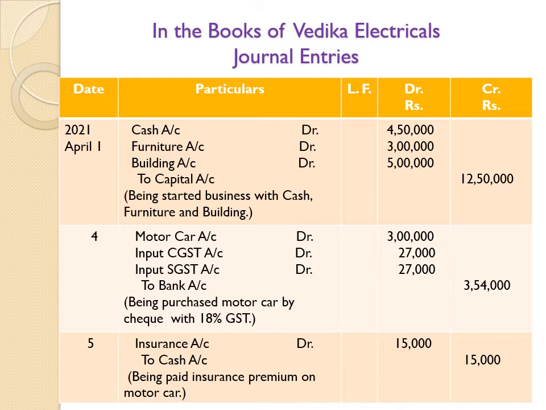On it, 18% GST. 18% GST means 54,000 GST, of which half will go to central government, half will go to state government. While passing an entry about purchase, we record input. While selling goods, we record output.